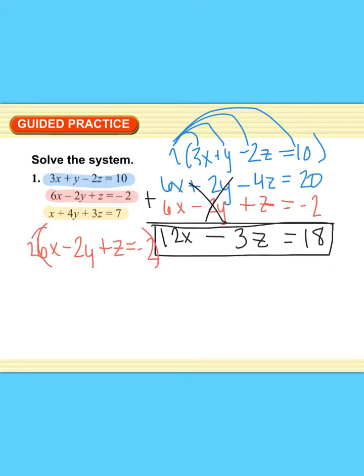So I'm going to distribute a 2 to every term, and I get 12x minus 4y plus 2z equals negative 4. And I'm just going to drop down the third equation because I haven't changed it yet.